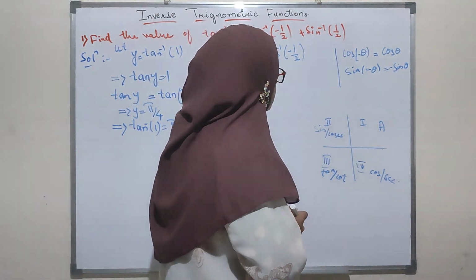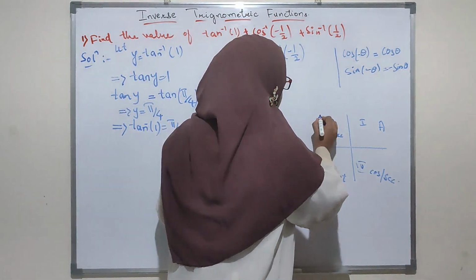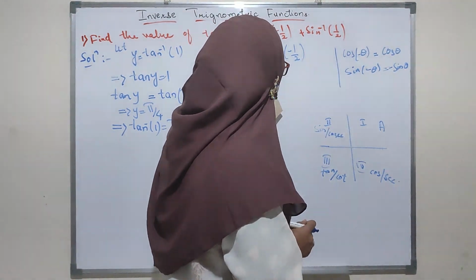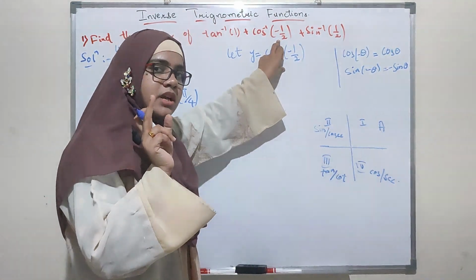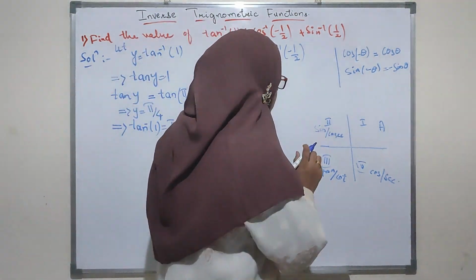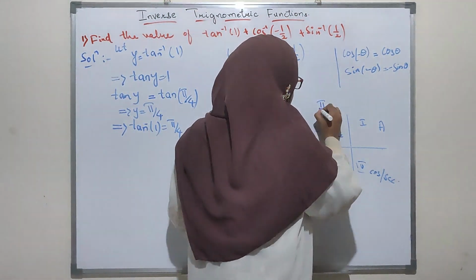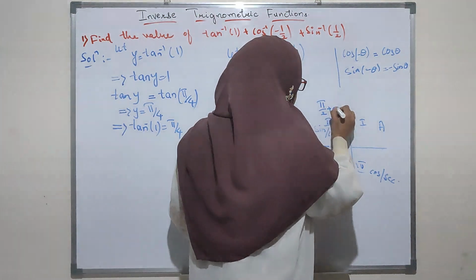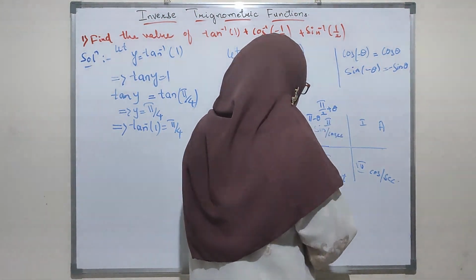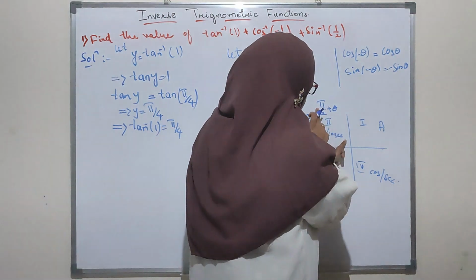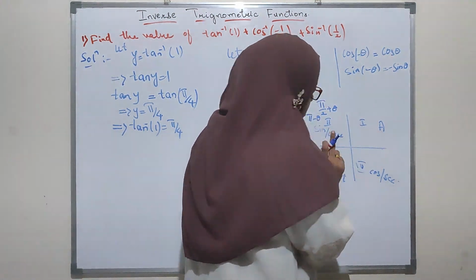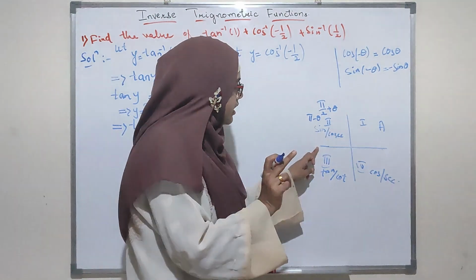So we have to take such a value for which cos remains cos, but it gives the minus half value. How? If we write pi minus theta, or pi plus theta, sorry, 90 plus theta, it comes in the second quadrant.